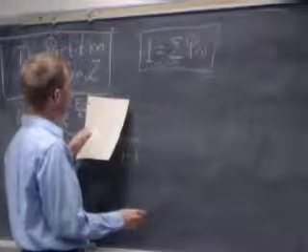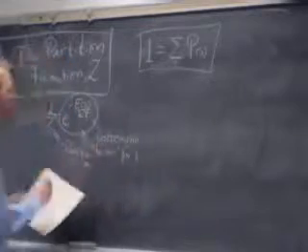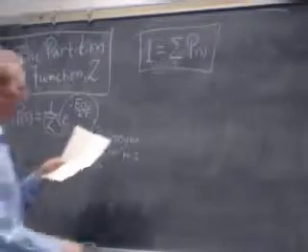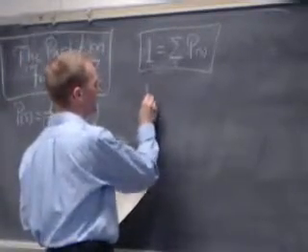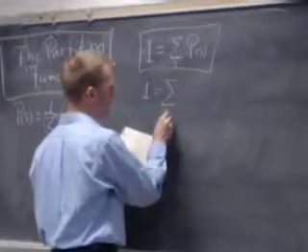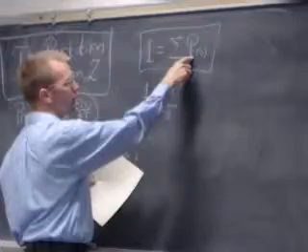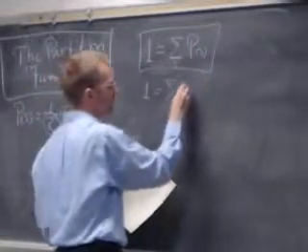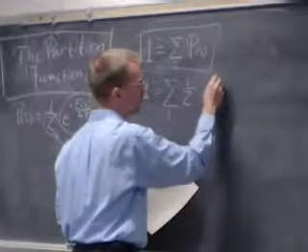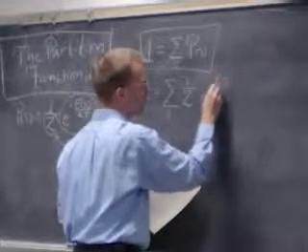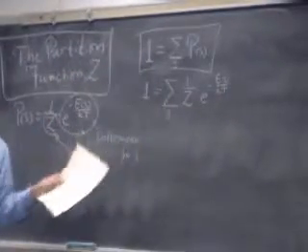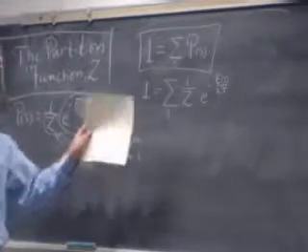So, let's see here. We put in for the probability this equation here. Probability is 1 over Z times the Boltzmann factor. So far, so good. The Boltzmann factor does not depend on which state you're in.